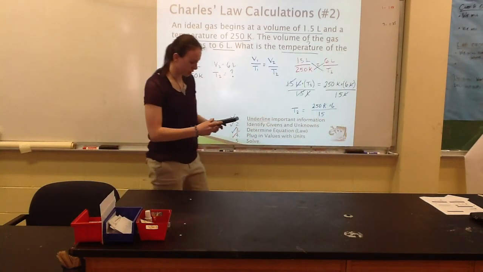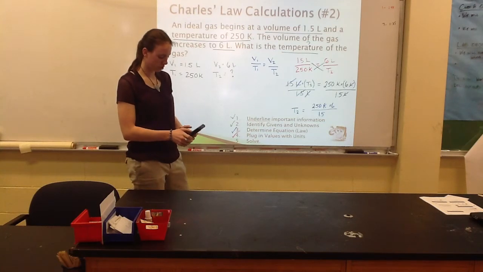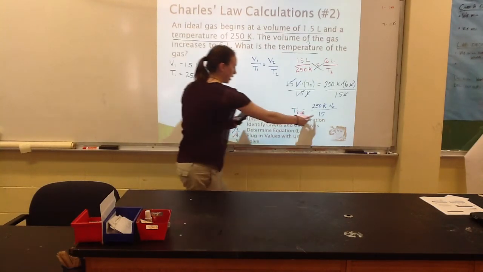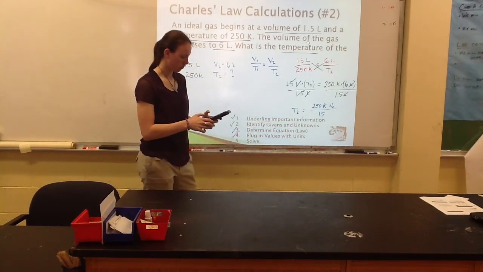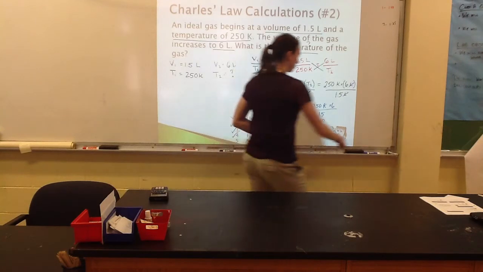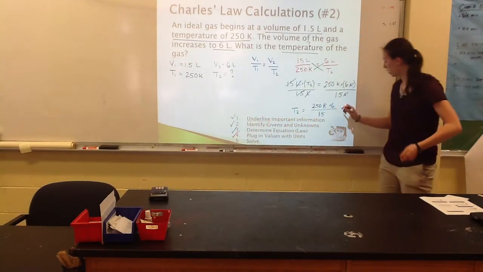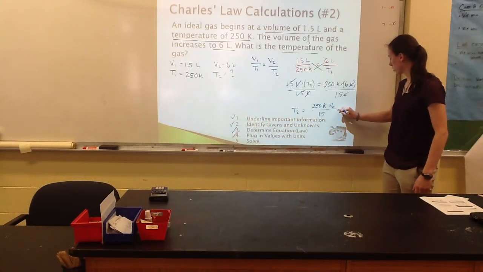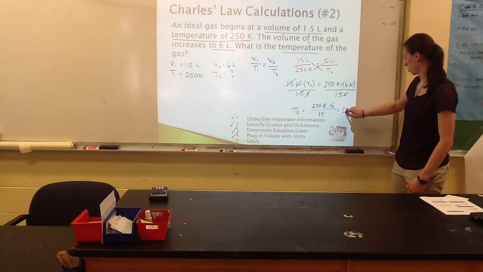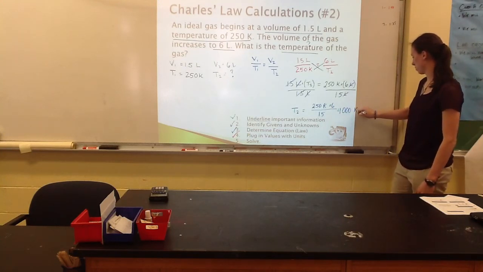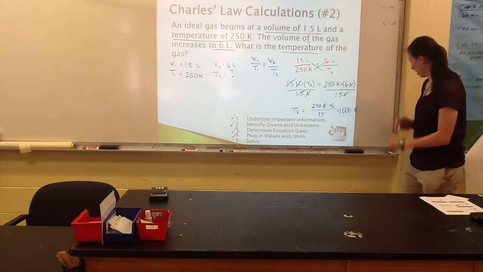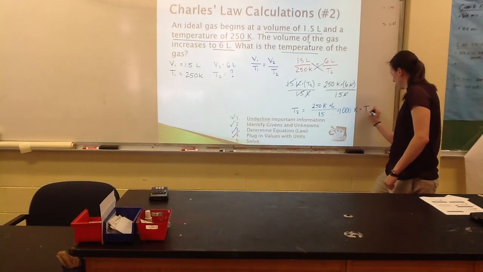We can plug this in: 250 times 6 divided by 1.5, and we end up with 1,000. But it's not just 1,000. We still have Kelvin here, so 1,000 Kelvin is our temperature. And this would be our final answer.